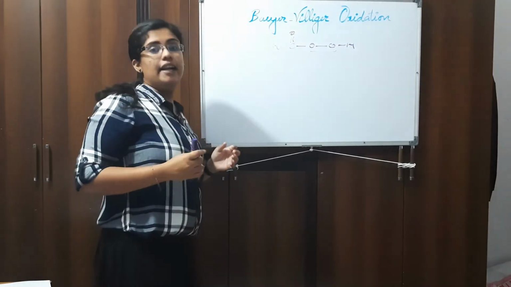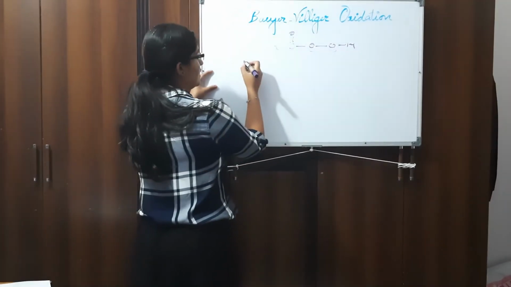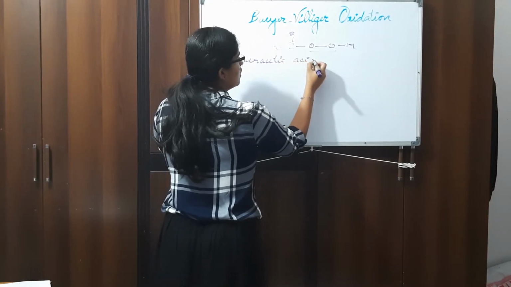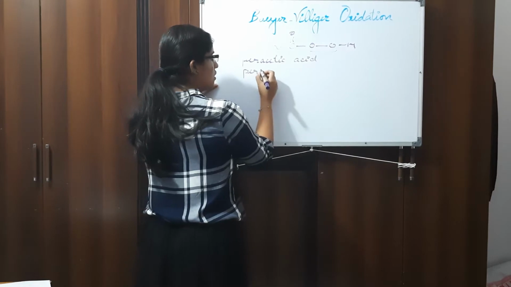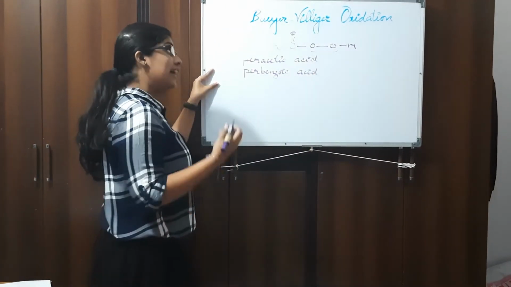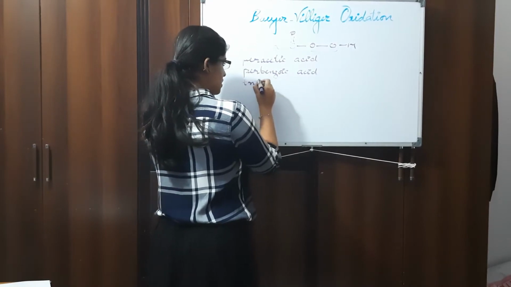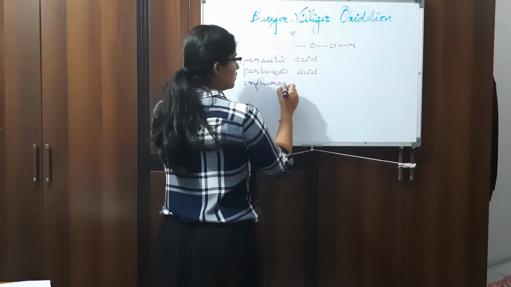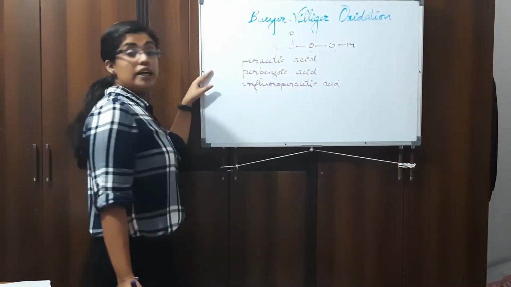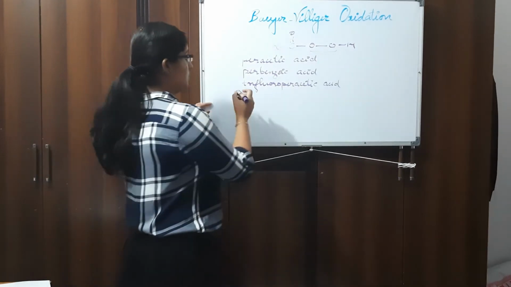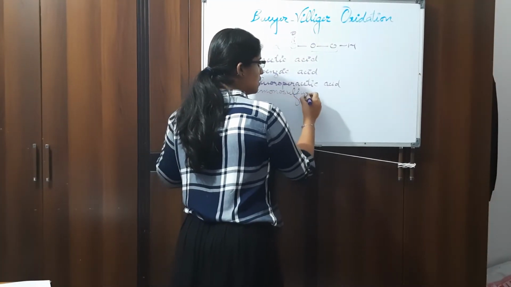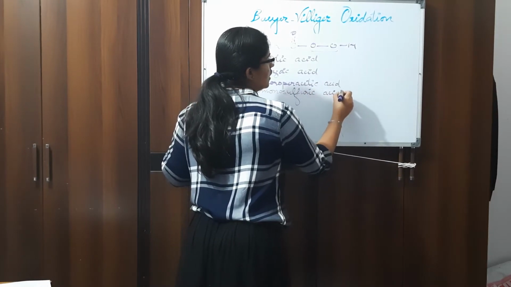So the common peracids that are found are, for example, peracetic acid, perbenzoic acid, then we have trifluoroperacetic acid, then Caro's acid, which is permonosulfuric acid, then what else?